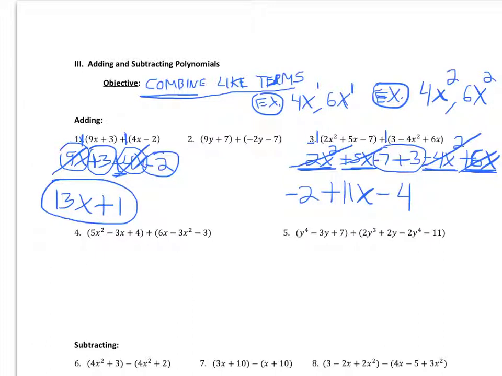And you can see the negative 2, I forgot putting the x squared in front of the negative 2. So there it is. These are not like terms. You can't combine x squared with an x with a constant, so that's it. You're done.